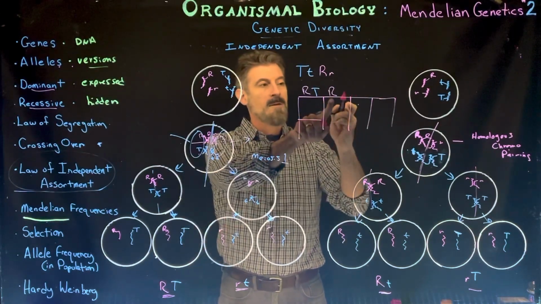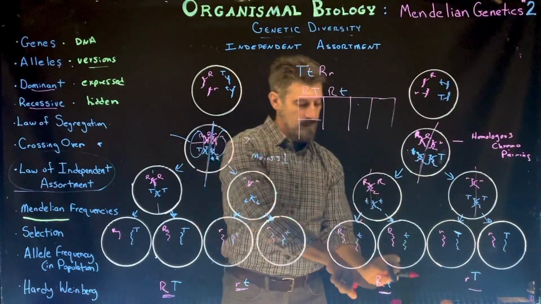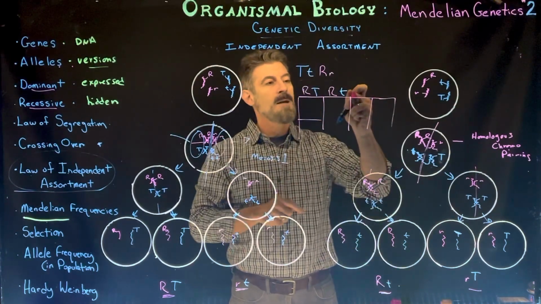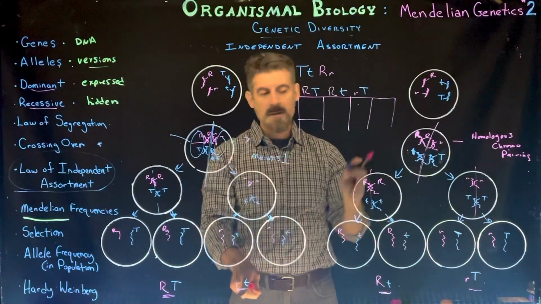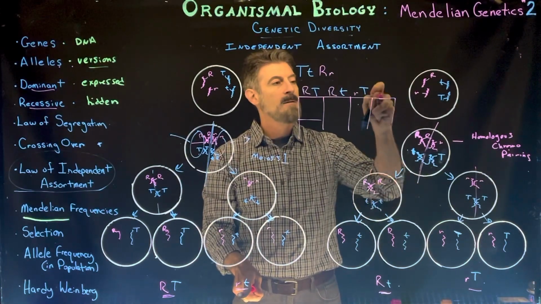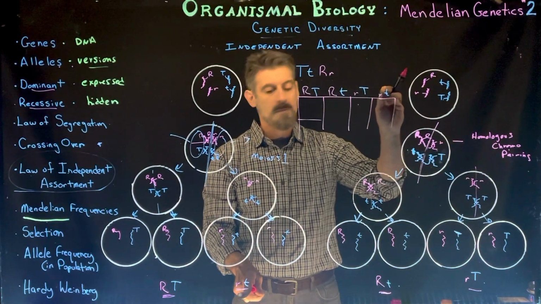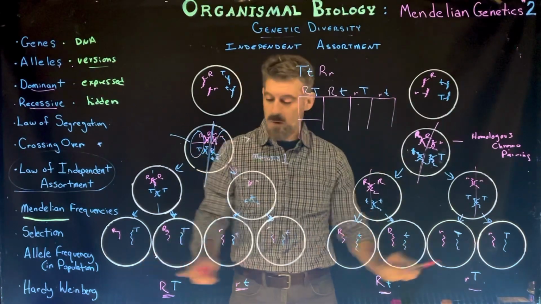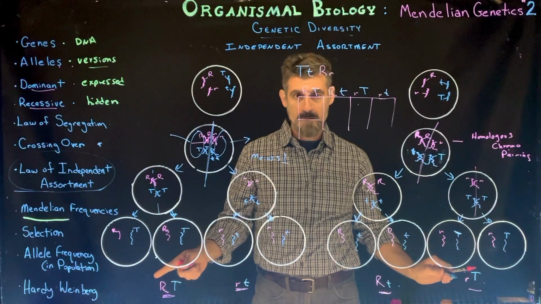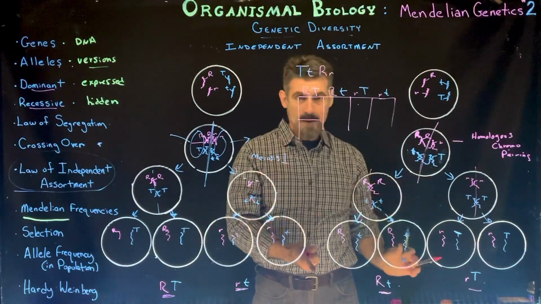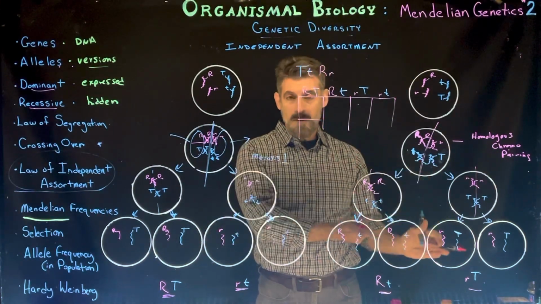One possibility is having the red and the short. That's over here. One possibility is having the white and the tall. That's over here. And another possibility is having the white and the short. It's right here. Equal possibilities of any of those being given into a gamete that would then go on to fertilize the offspring.